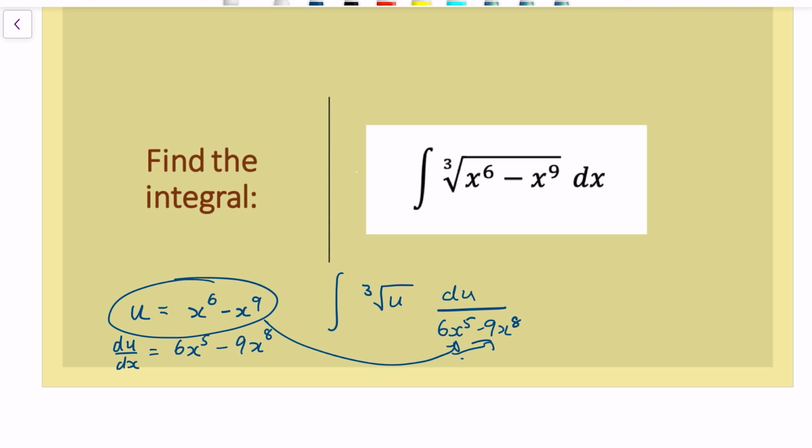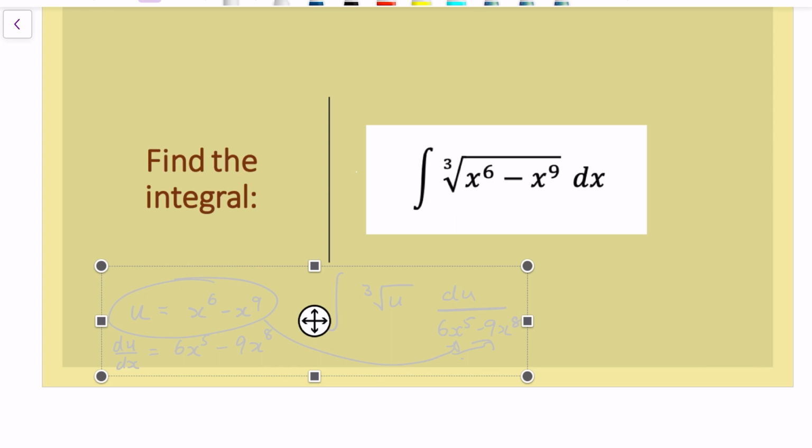So simple substitution is not going to help us with this particular integral, which means we need to consider something a little bit different. The idea is when you make a substitution, you want to simplify the problem. And you want to pick your substitution such that the derivative of it appears in the problem as well, because we need to replace the differential.